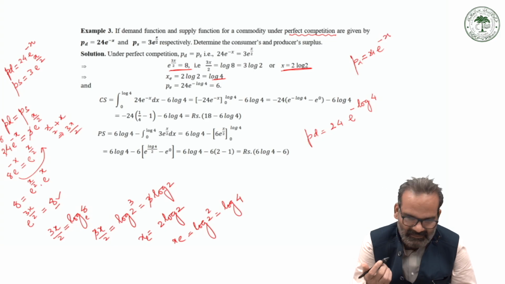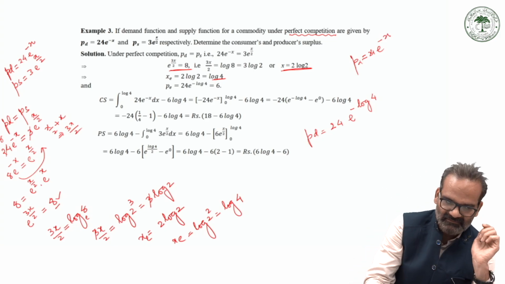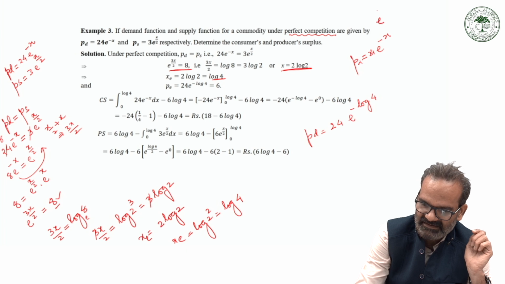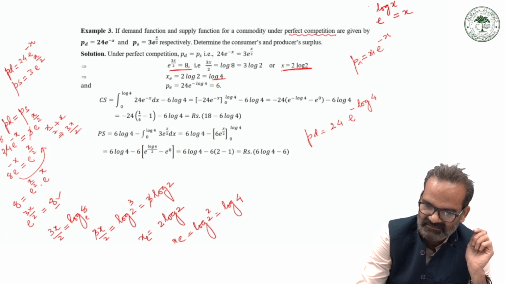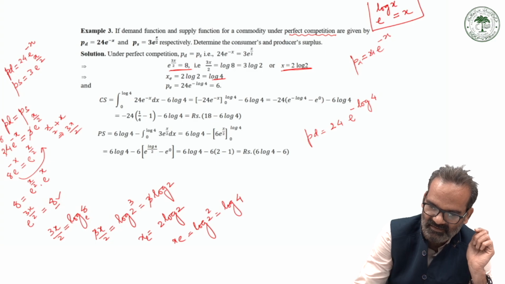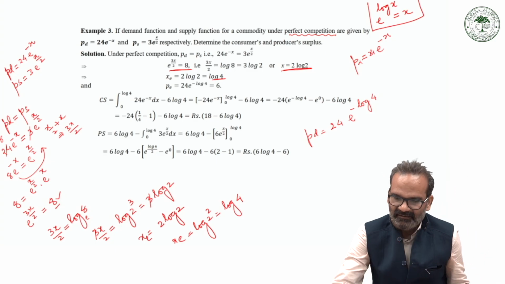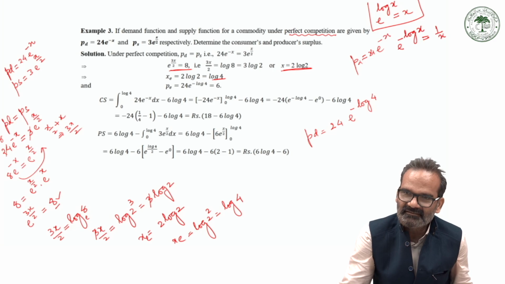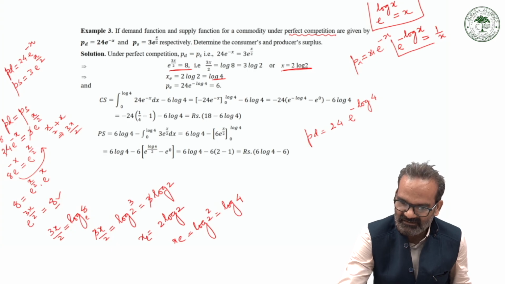Anybody know? You know a very simple formula, I have already discussed it: e raised to the power log x is equal to x. Now remember this formula. And e raised to the power minus log x will be what? It is 1 upon x. How? Think and try to solve yourself.